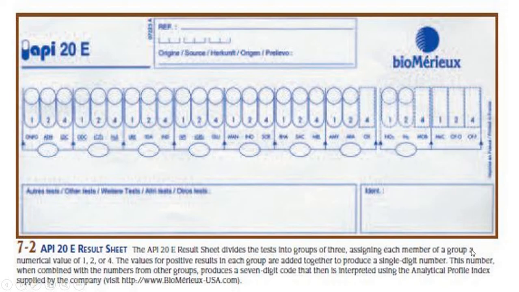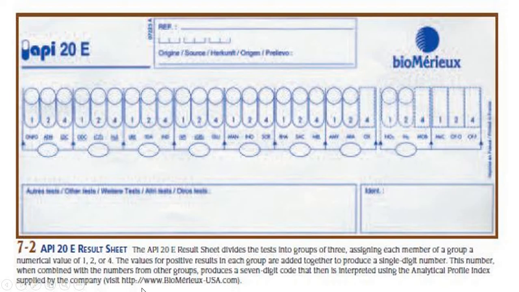Each group is assigned the numbers 1, 2 and 4 for its tests. The numerical value 1, 2 or 4 for positive results in each group is added together to produce a single digit number.